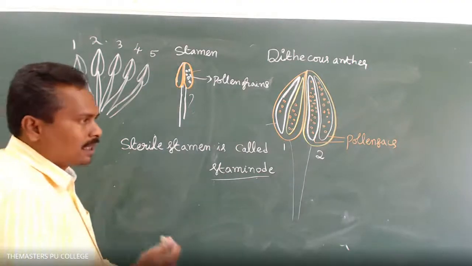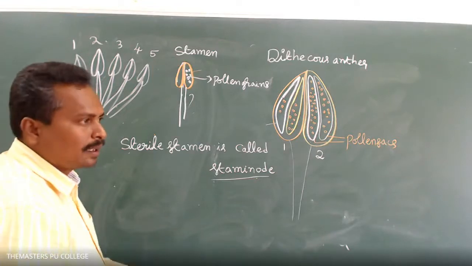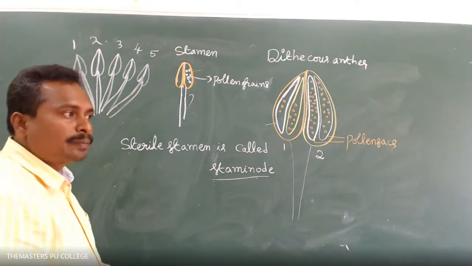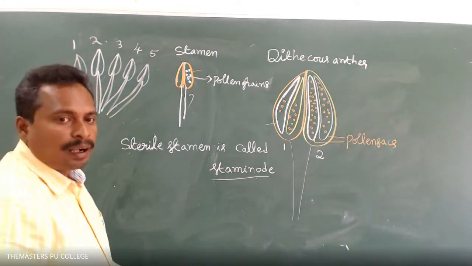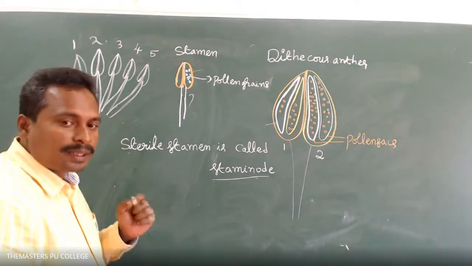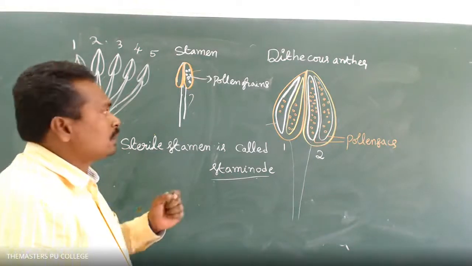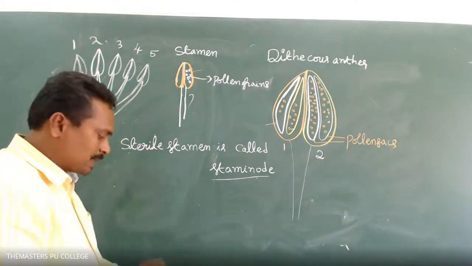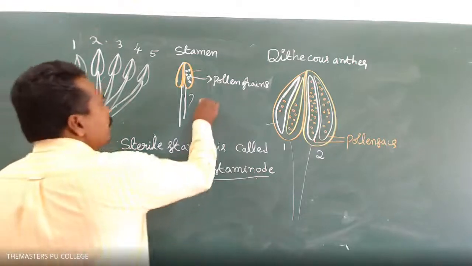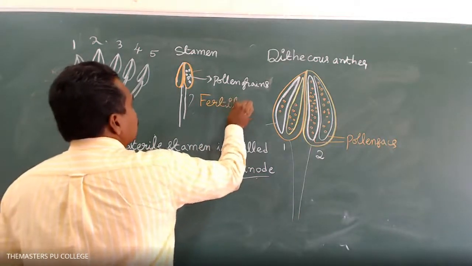The sterile stamens do not produce pollen grains. Generally, in most plant flowers, all the stamens produce pollen grains. The stamens that produce pollen grains are called fertile stamens.